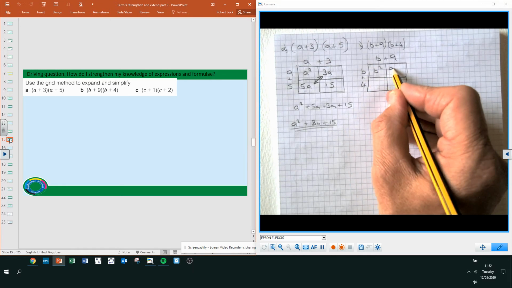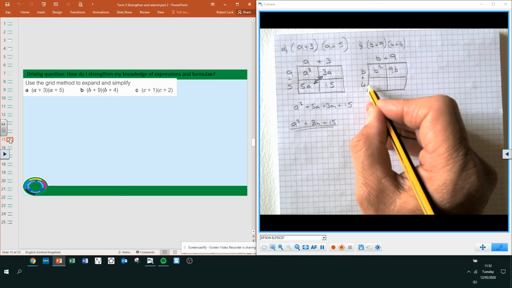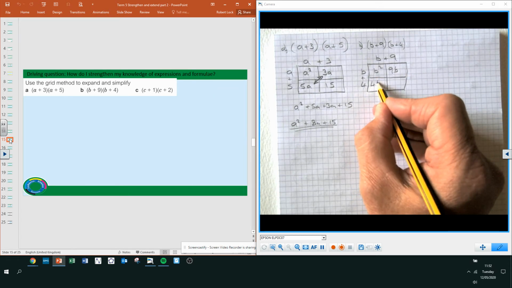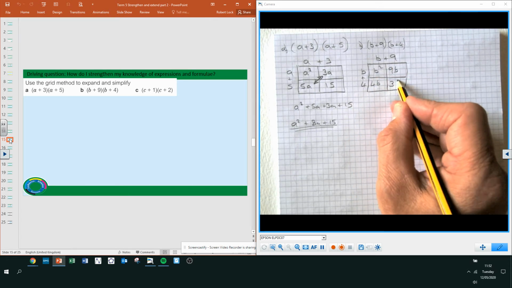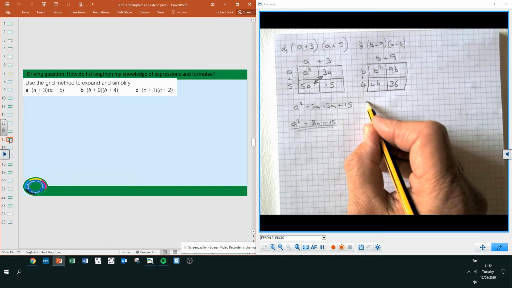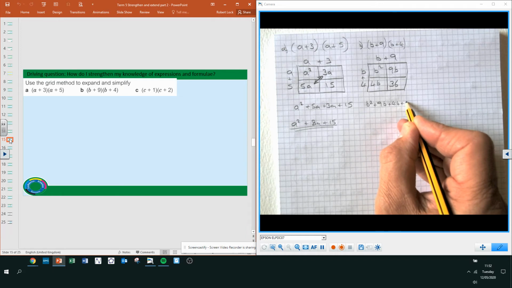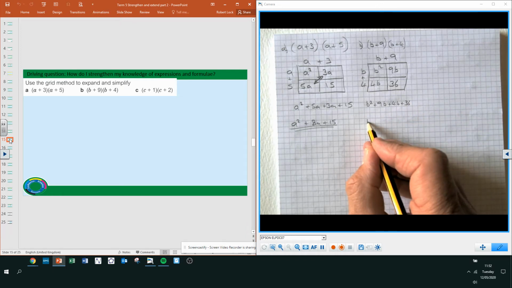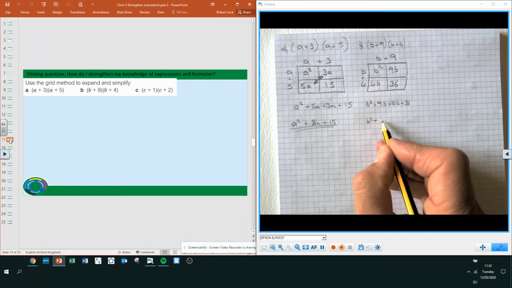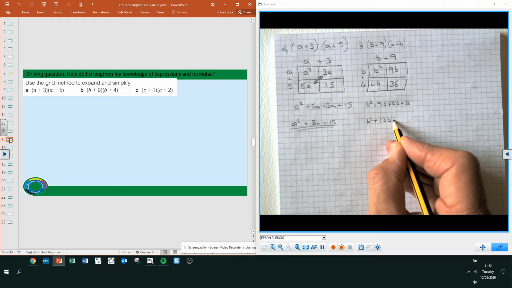B times 9 is 9B. 4 times B is 4B, and 4 times 9 is 36. Writing out, B squared plus 9B plus 4B plus 36. Collecting like terms, B squared plus 13B plus 36.